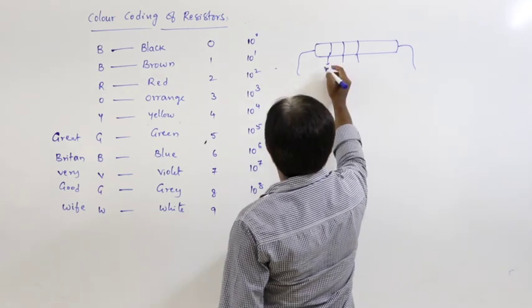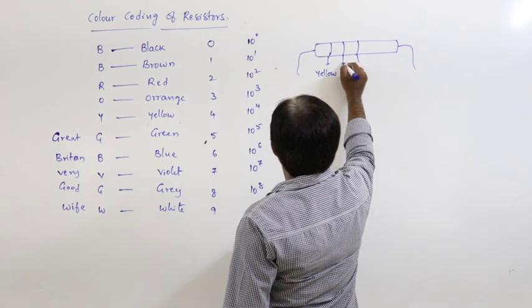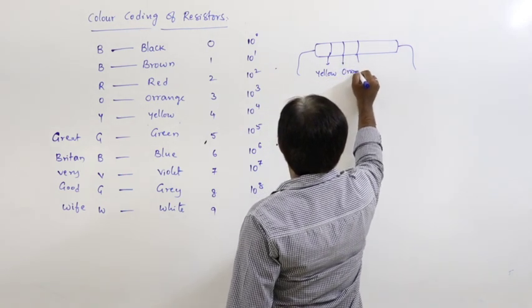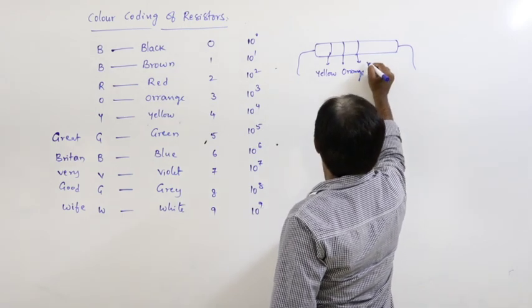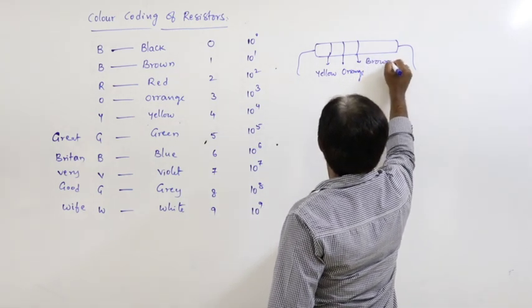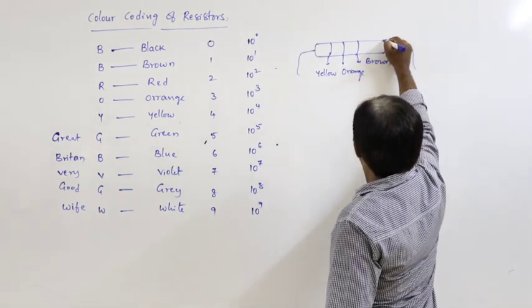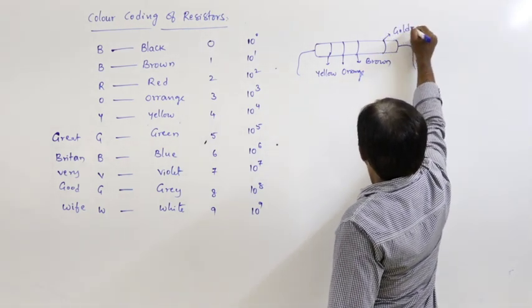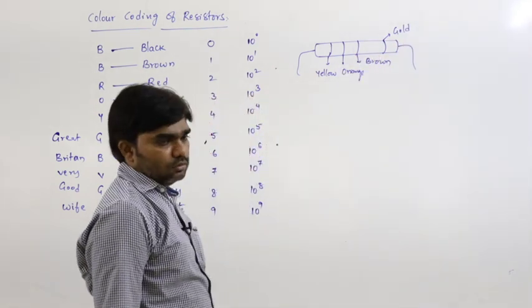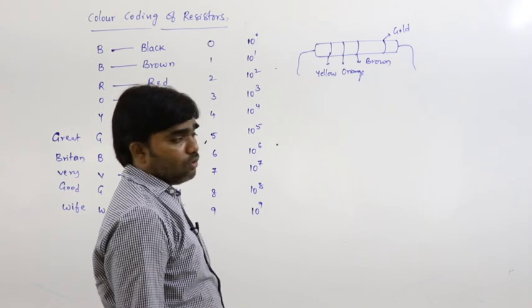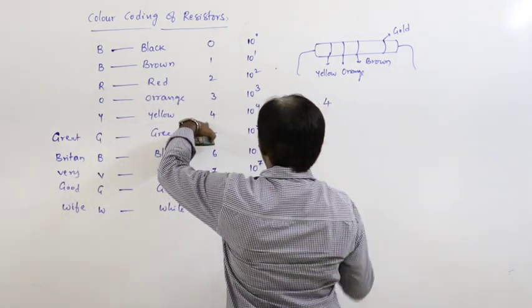For example, the colors are yellow, orange, brown, and gold. Yellow, the number is 4.